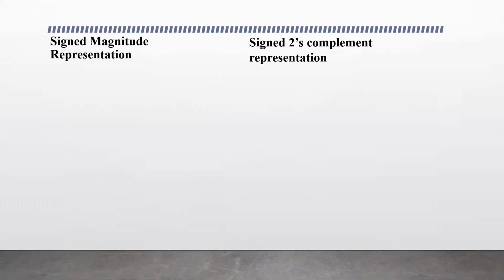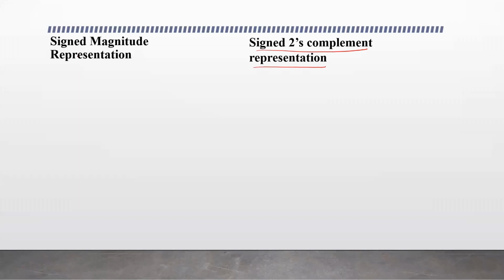Today we are going to learn about the addition and subtraction of 2's complement representation. Before starting this, you should be clear with how data is represented in signed magnitude representation and how signed 2's complement representation is different from this.